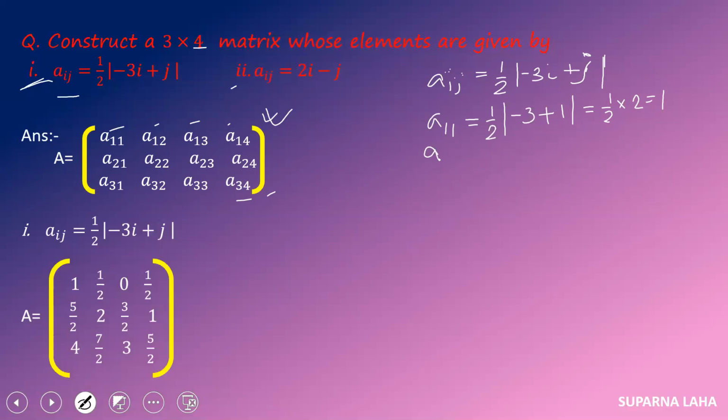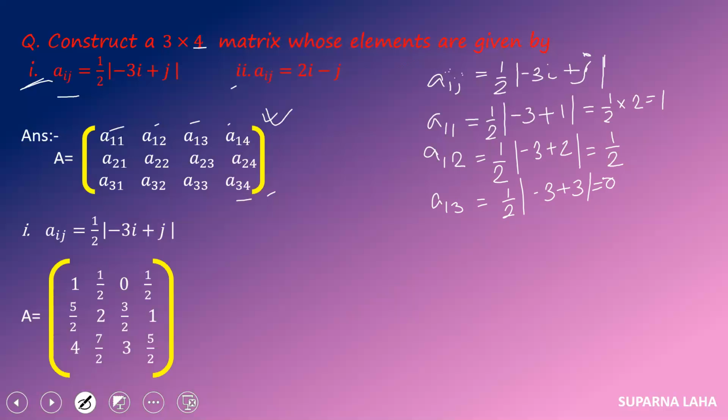Moving to the next one, 1, 2. i is 1 and j is 2, that means first row and second column. Half of mod of minus 3 plus 2, that is minus 1, mod of minus 1 is 1, that means only half. A13: half of mod of minus 3 plus 3, it is 0.